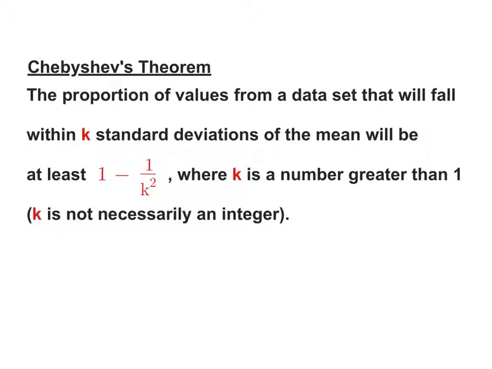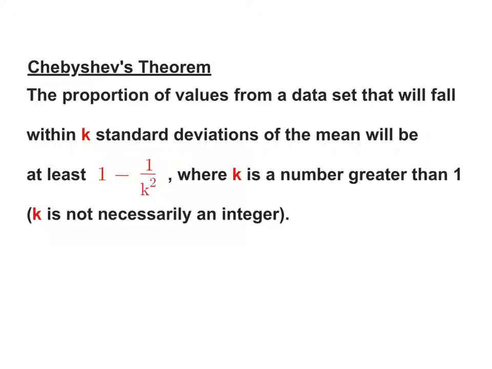There it is. The theorem he came up with tells us about the proportion of the values of the data set. What percentage of the data set is going to lie within k standard deviations? k does not necessarily have to be an integer. What we talked about on Friday was how to find the standard deviation.